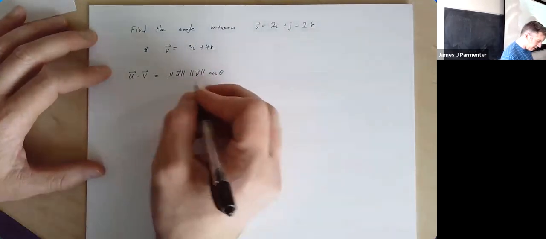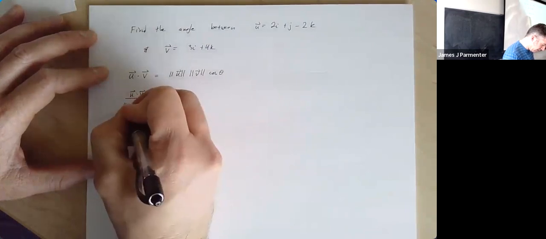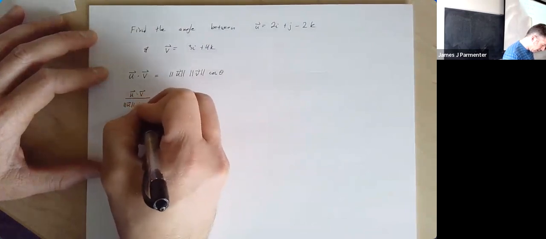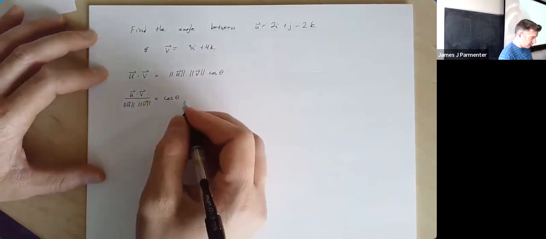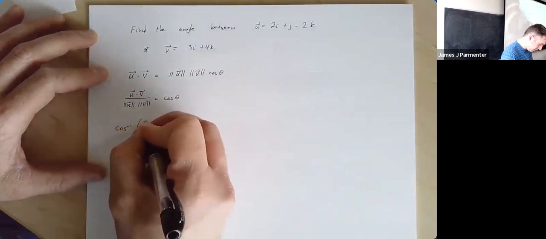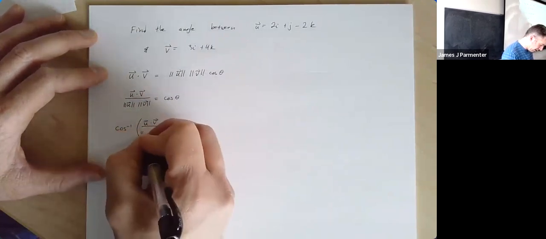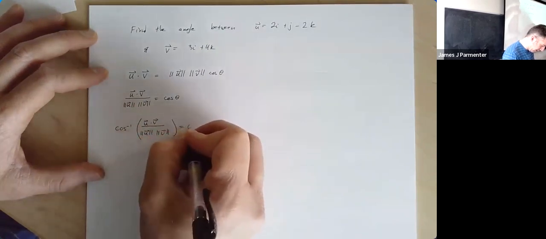We divide both sides by the magnitudes. u dot v divided by the magnitude of u times the magnitude of v is equal to cosine of theta. And then if I take the inverse cosine of both sides, the inverse cosine of u dot v over the magnitude of u times the magnitude of v is equal to the angle theta.